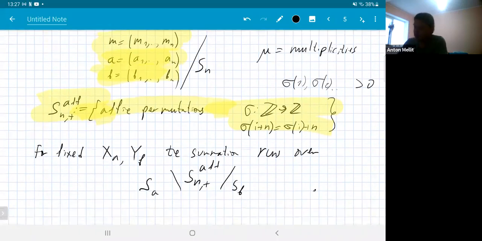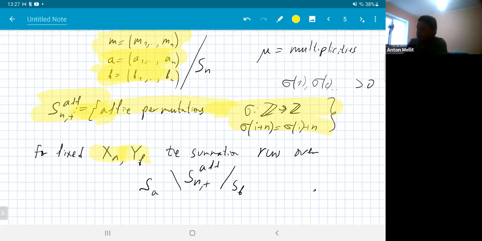Suppose we want to find the coefficient in front of a given monomial in X and a given monomial in Y. That means we fix A up to permutation and we fix B up to permutation. Then the resulting summation is over M's, up to something.